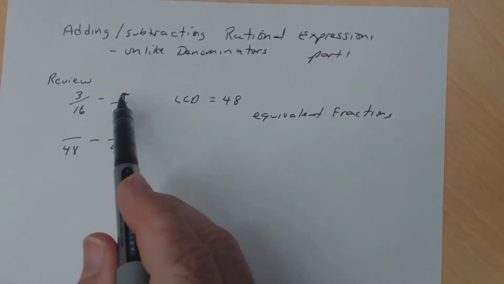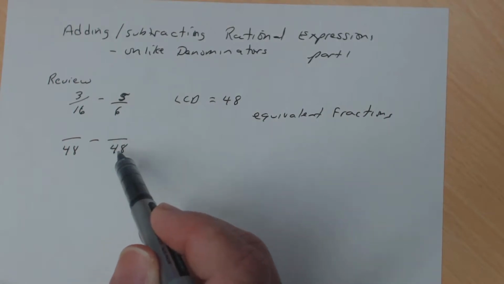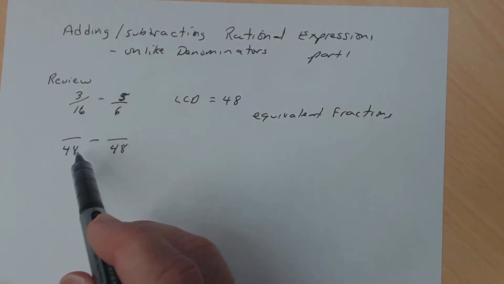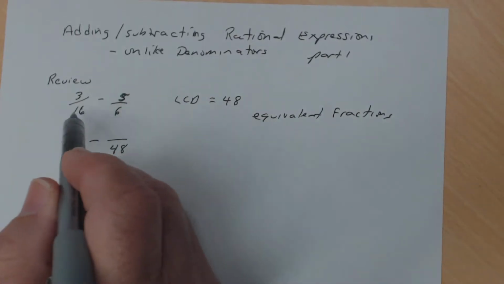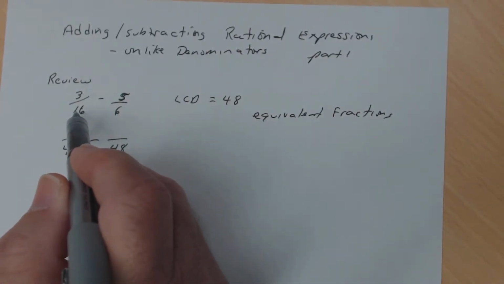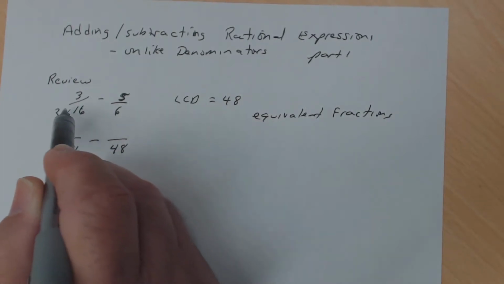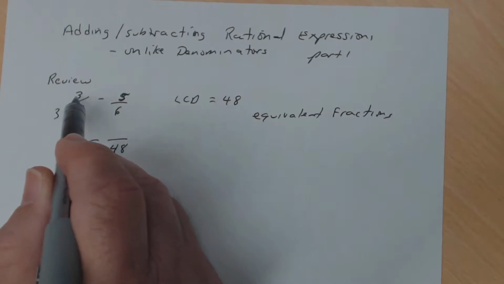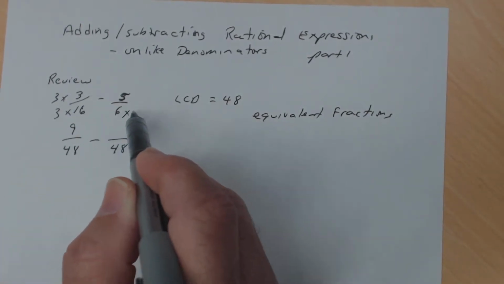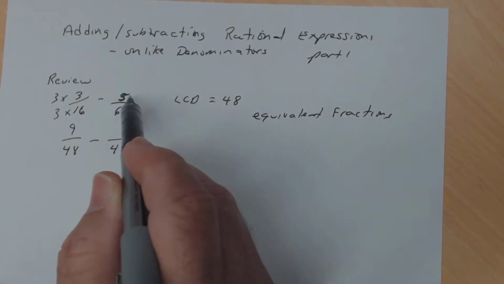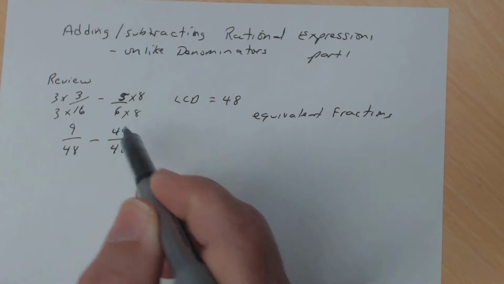So you want to rewrite 5/6 as a fraction with that denominator, and 3/16 as a fraction equivalent with that denominator. You said 16 times what is 48, so you said 3. And what you did to the denominator, you did to the numerator. So 3 times 3 is 9. 6 times 8 is 48, so I did to the numerator what I did to the denominator: 5 times 8 is 40.